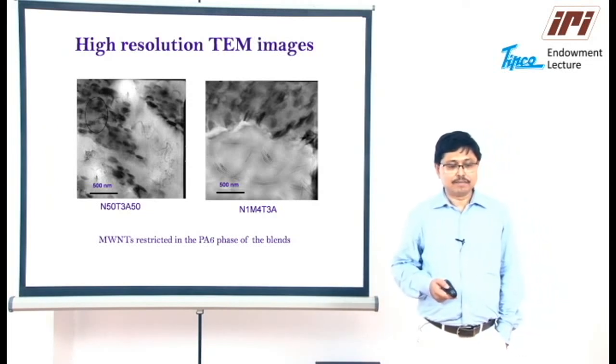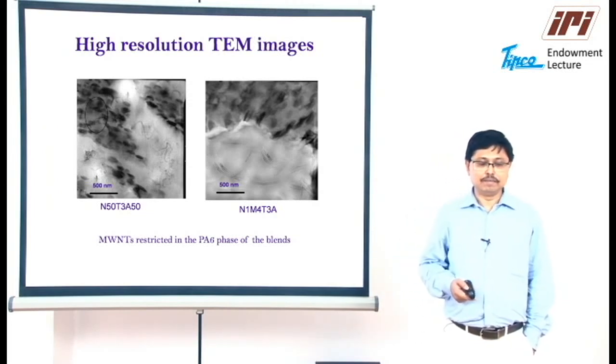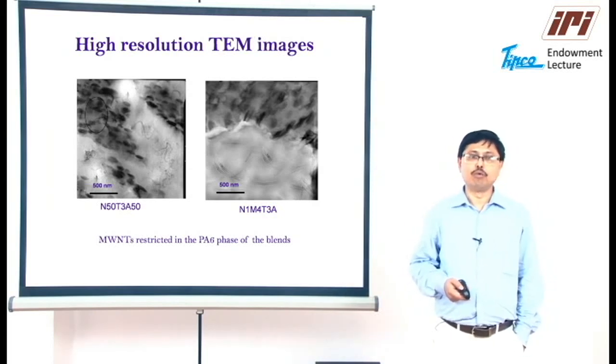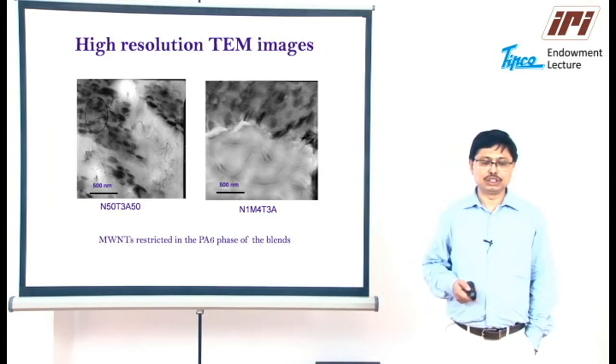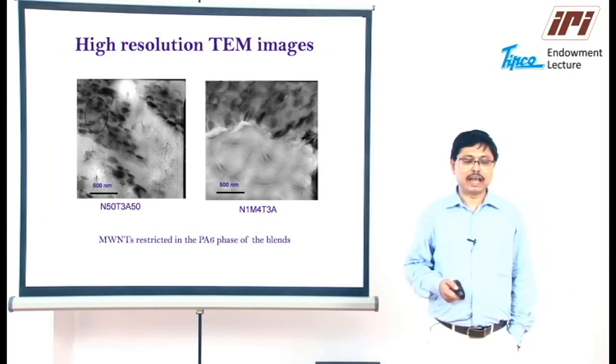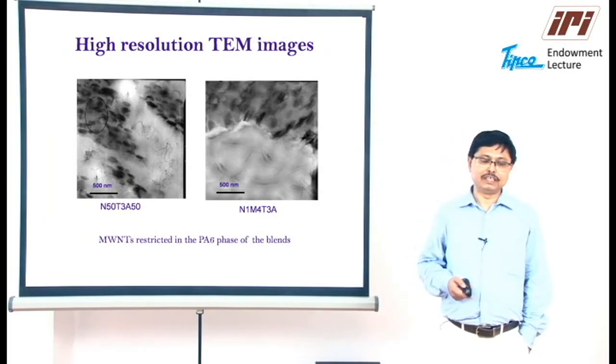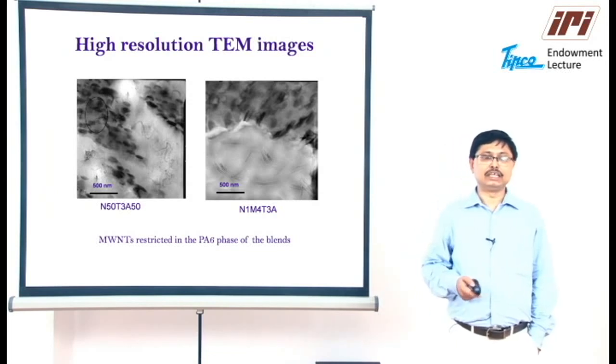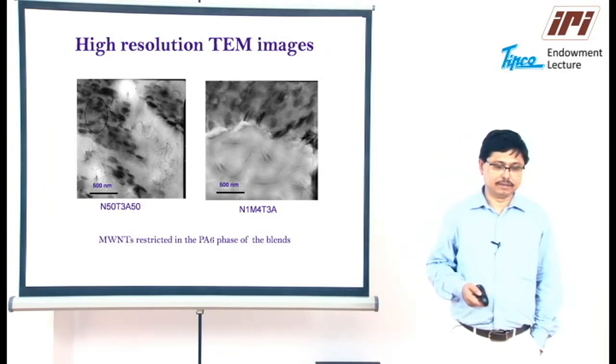We could see the multi-wall carbon nanotubes in the PA6 phase of these blends through high resolution TEM images, where the light phase denotes the polyamide 6 phase, whereas the black phase is the ABS phase, and one could see the polybutadiene rubbery phases as well, which have been stained with osmium tetroxide.